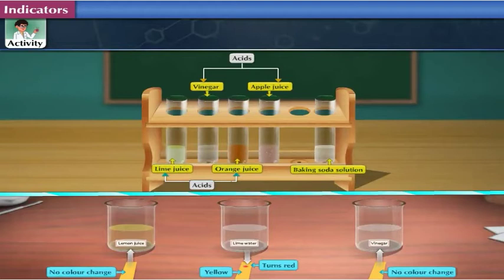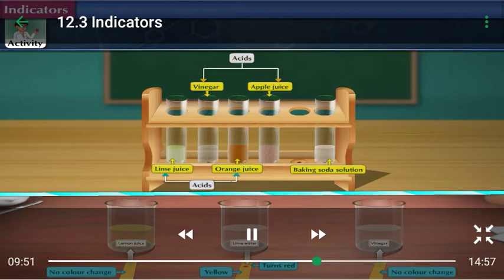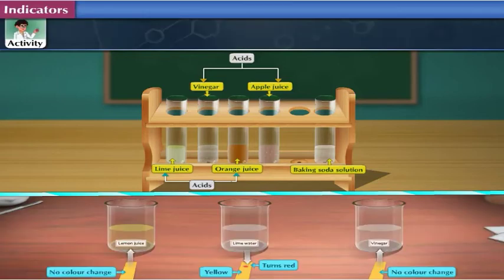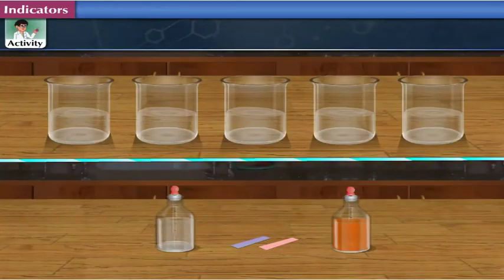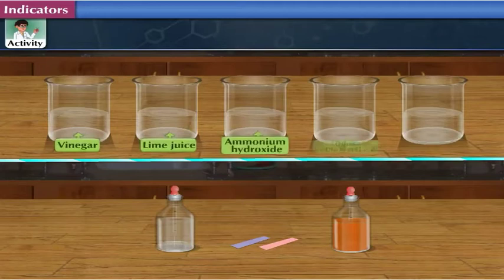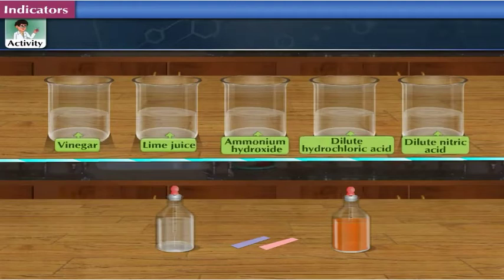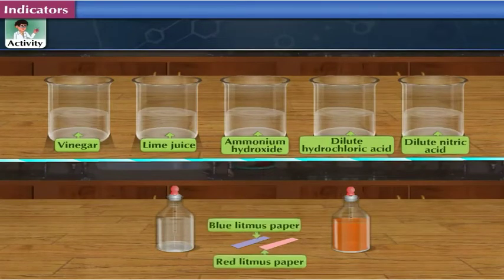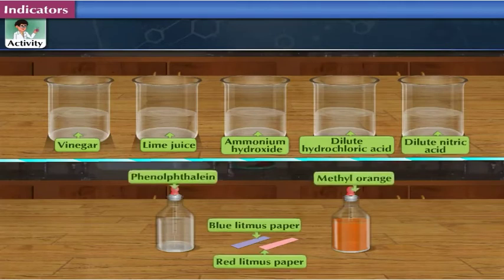Now let us perform one more activity to identify acidic or basic substances using laboratory indicators. Activity. We shall test solutions of vinegar, lime juice, ammonium hydroxide, dilute hydrochloric acid, and dilute nitric acid by using indicators like red litmus paper, blue litmus paper, phenolphthalein, and methyl orange.